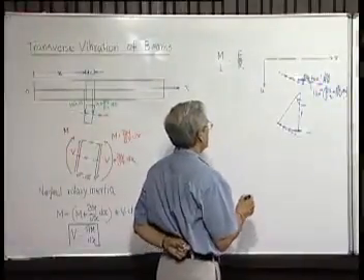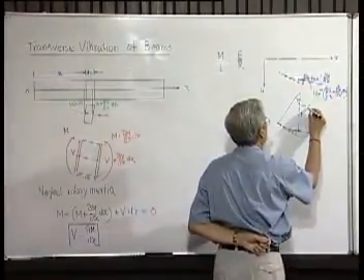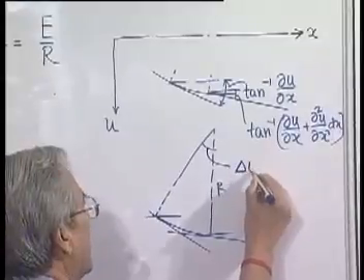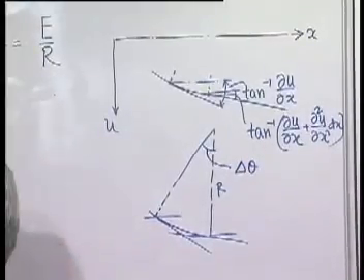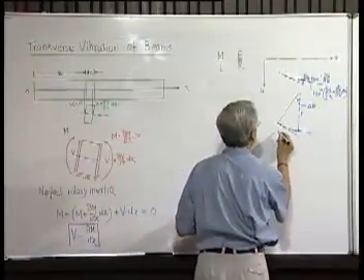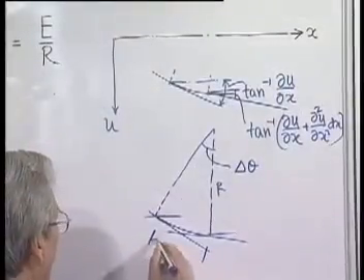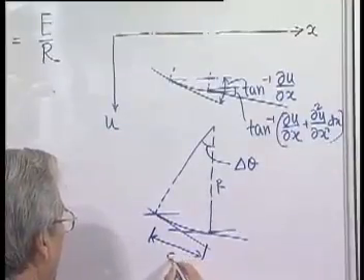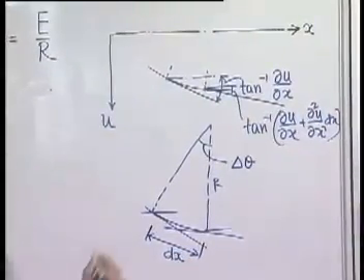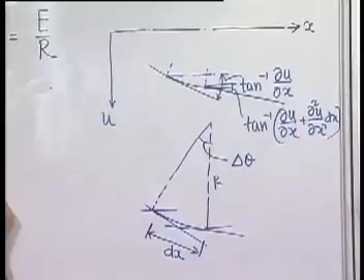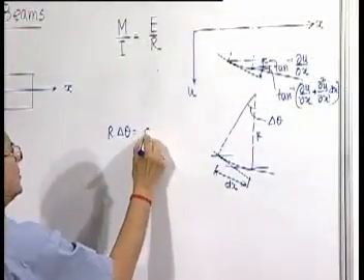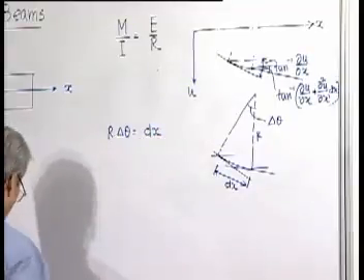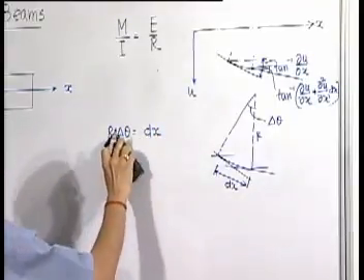Since this is all small, we call it say del theta, and of course, the two ends of the two elements are dx. So, we know that r into delta theta is equal to dx. Delta theta we can replace by d theta.